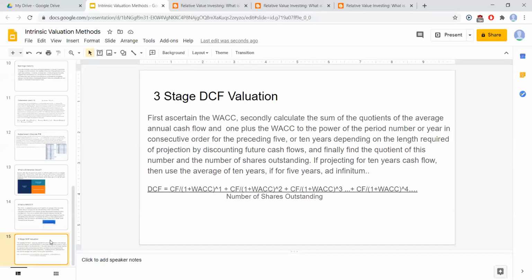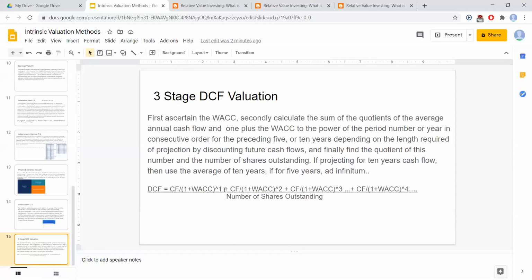And you're taking that cash flow and dividing it by 1 plus the weighted average cost of capital to the power of that period number.